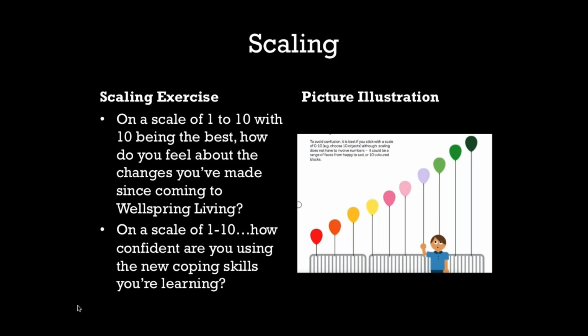You can also think about it in terms of a picture of balloons. Sometimes it's hard for kids to talk through numbers, kids or adults for that matter. So we could have a picture of balloons that are scaling upward. We could also have it for little kids.